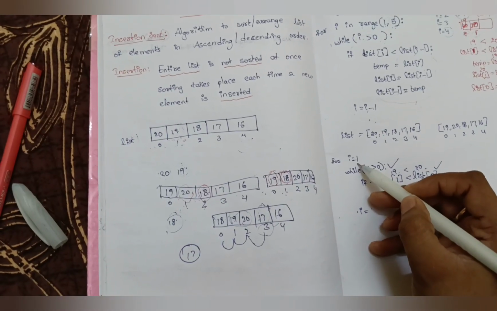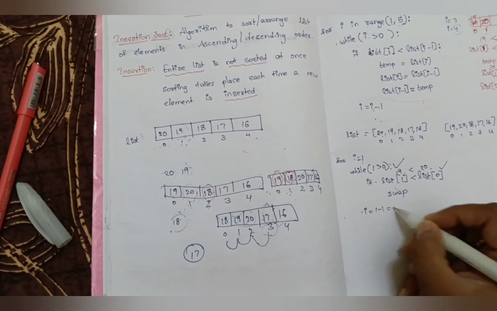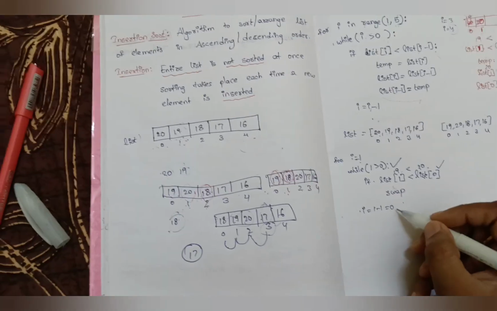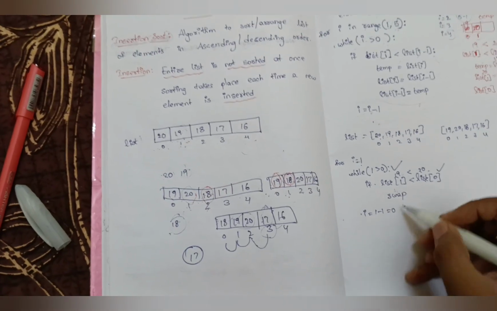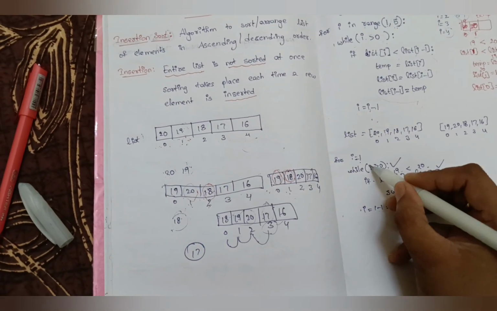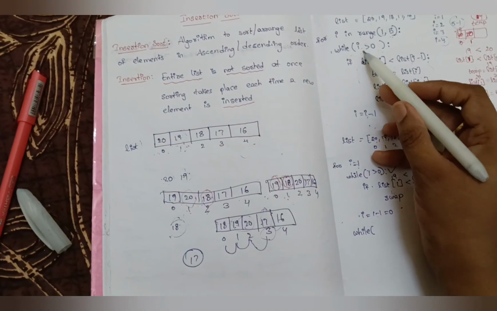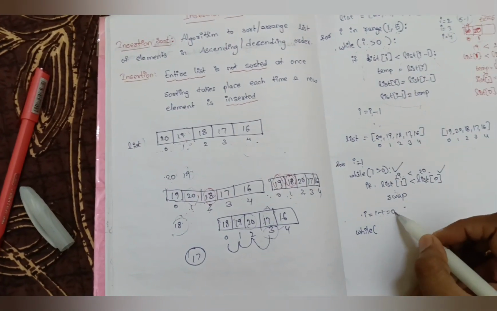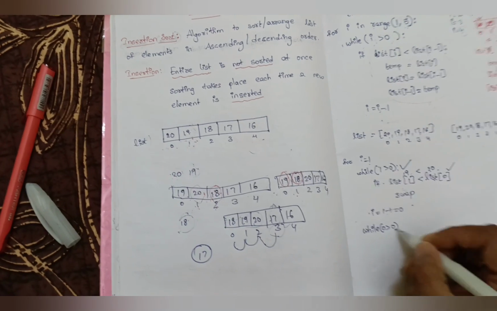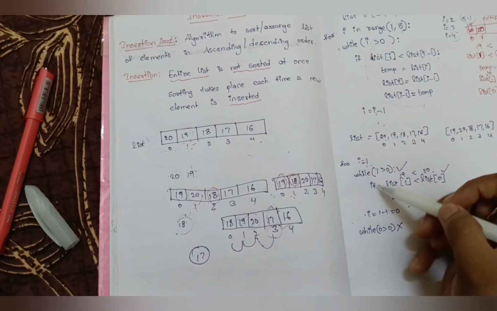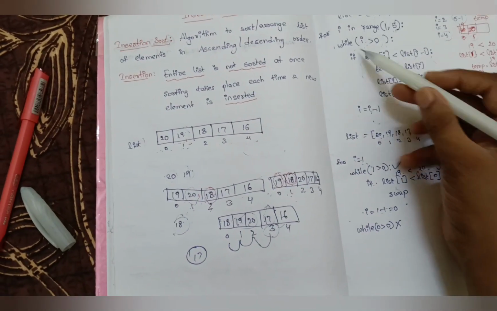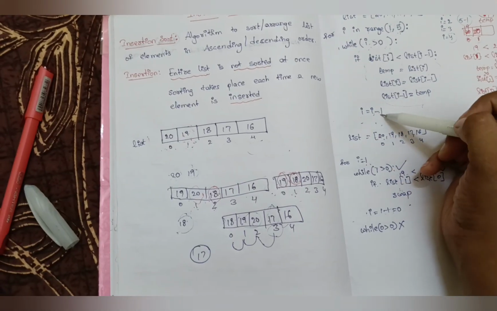Currently i is 1, 1 minus 1 is 0, so i becomes 0. Again we'll go to the loop and check whether i is greater than 0. Currently i is 0. 0 greater than 0? No, it is false. We don't enter this loop and we get out of this while loop.